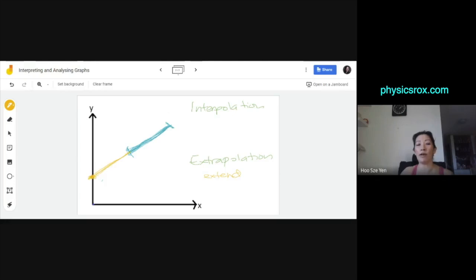This extension can go both ways, backwards or forwards. So extrapolate means to extend your data outside its range to be able to predict values outside of your experiment results. Does that make sense?